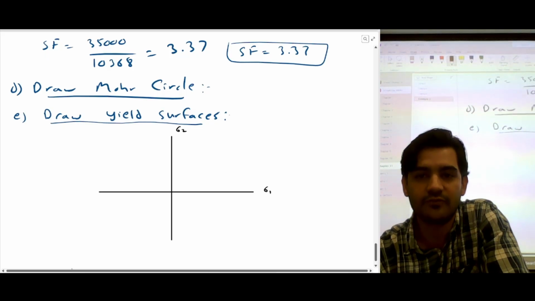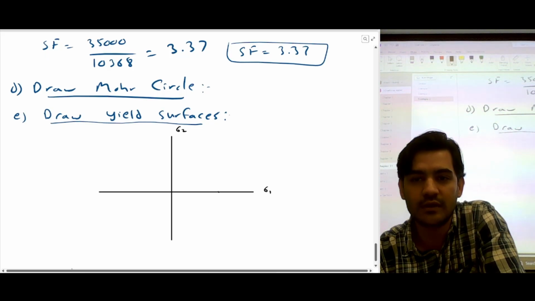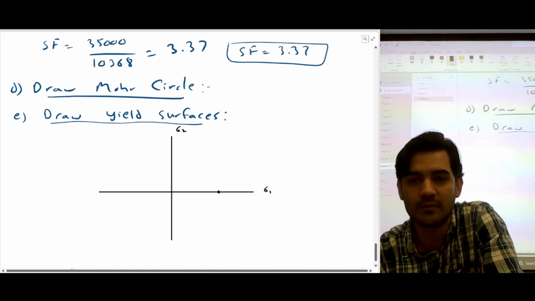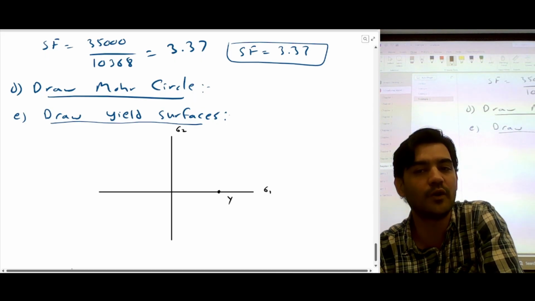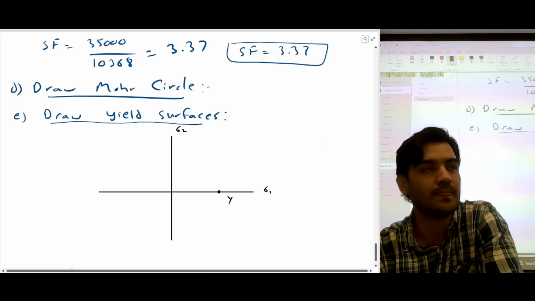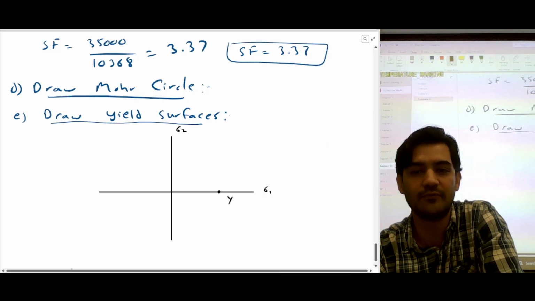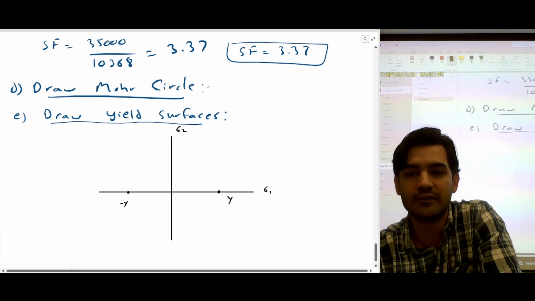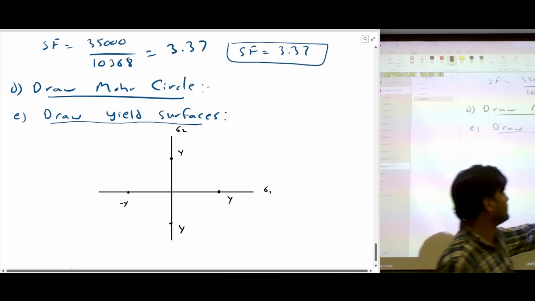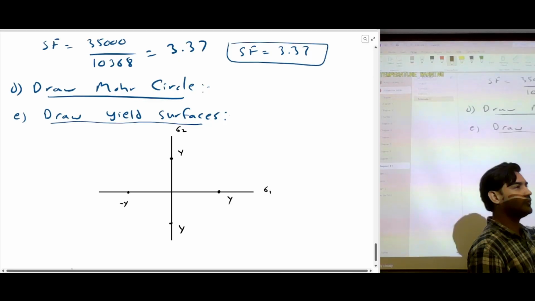So I'm going to plot the yield point. The yield point is the maximum capacity, the maximum stress it can take before yielding. I'm going to put negative yield here. This is yield here, this is yield here. These are the points beyond which, if you go, you're going to yield.